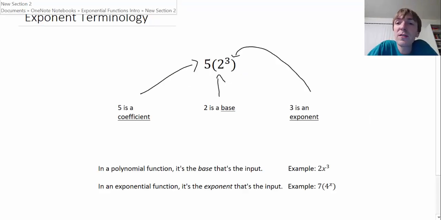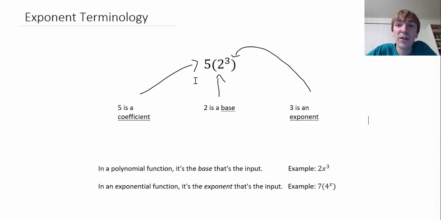So before we start constructing our exponential function, we're going to go over some terminology. This is terminology we've used before, but it's going to be especially important in this new unit that we be able to keep these words straight. So what I have here is an expression, 5 times 2 to the third, and all three numbers in that expression have a different name.